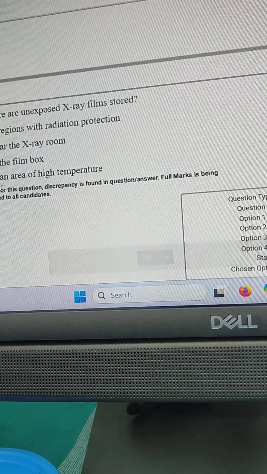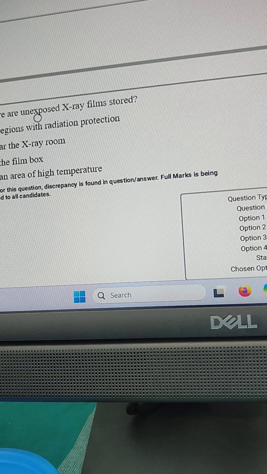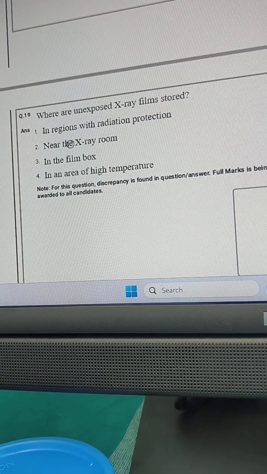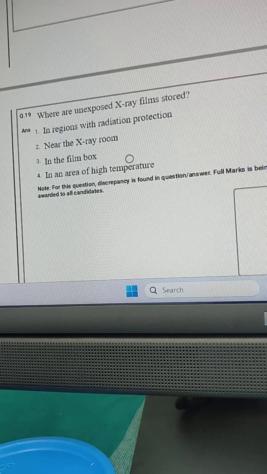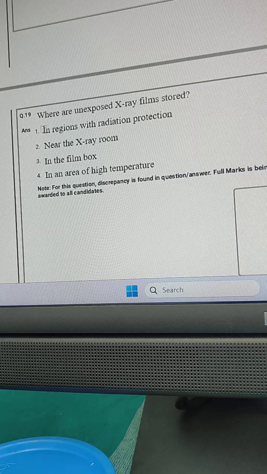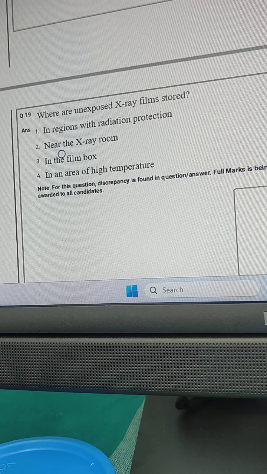Then question number 19. Where is an exposed X-ray film stored? Actually it is a vertical box outside. This question was cancelled in this exam, but the correct answer is this. The options are: the region with radiation protection near the X-ray room, in the film box, in the area of high temperature. An exposed film is stored outside in a vertical box.